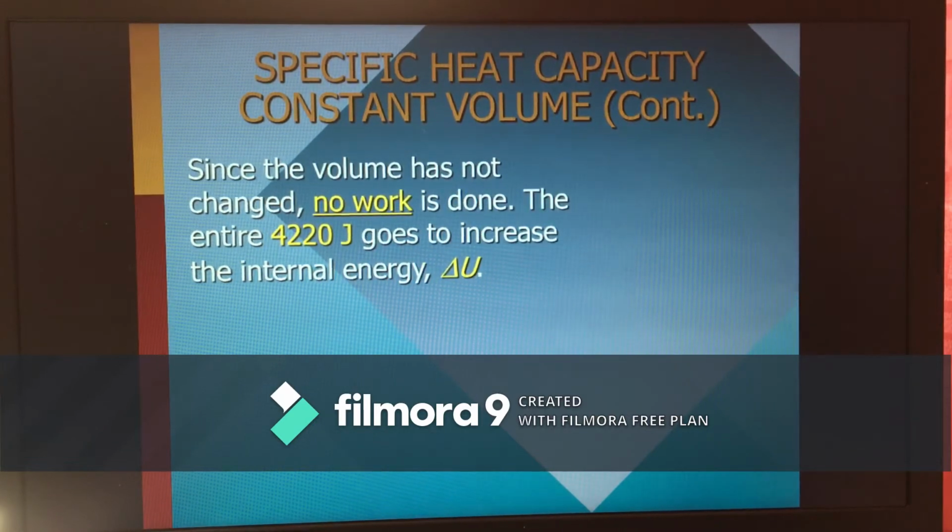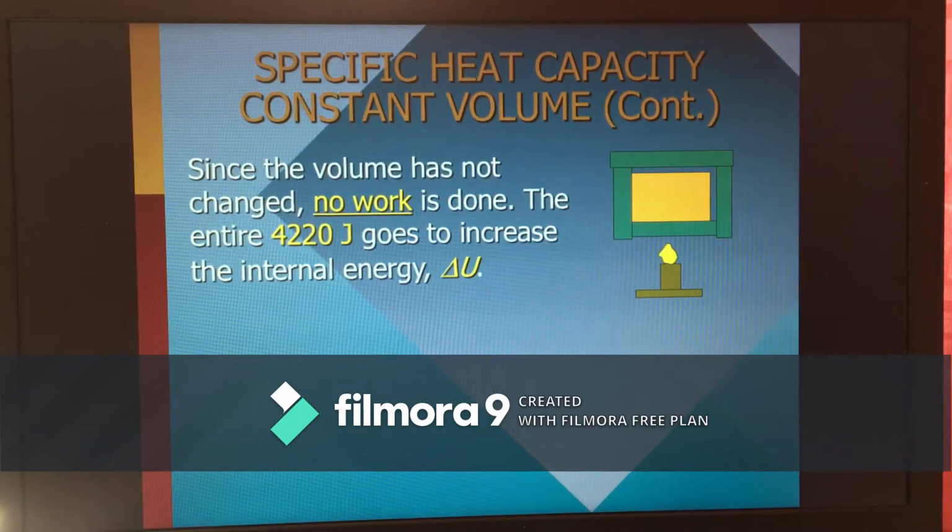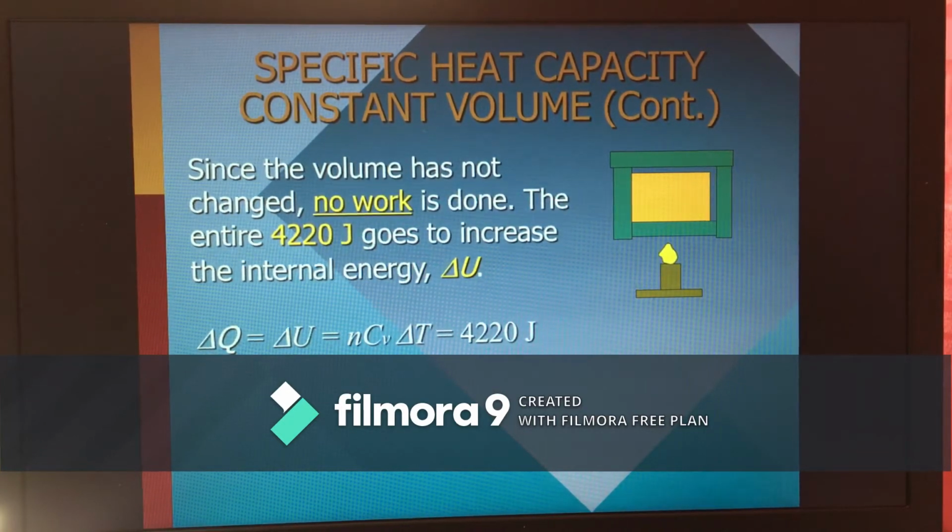So the entire 4,220 joules goes to increase the internal energy, delta U. Therefore, delta Q, the change of heat, equals the change of internal energy, delta U, equals N times the specific heat capacity at constant volume times delta T, equal to 4,220 joules.